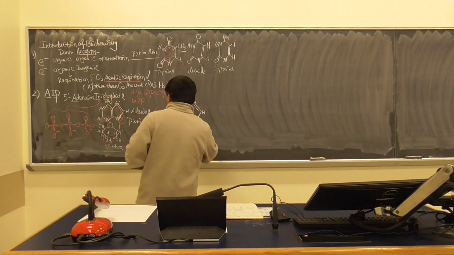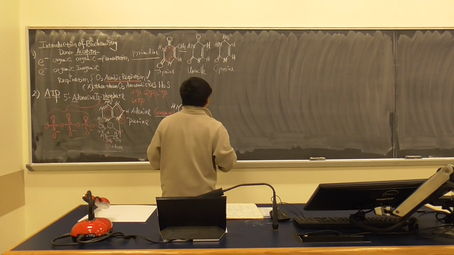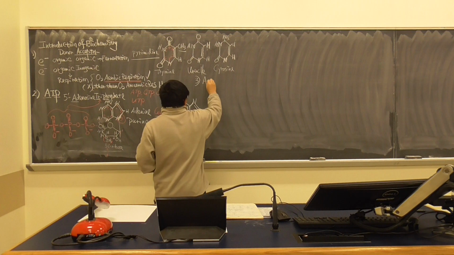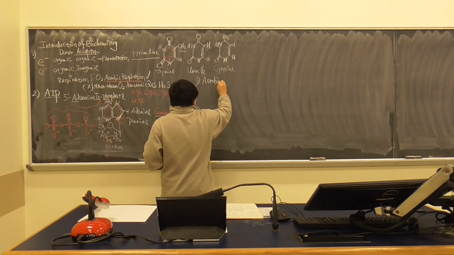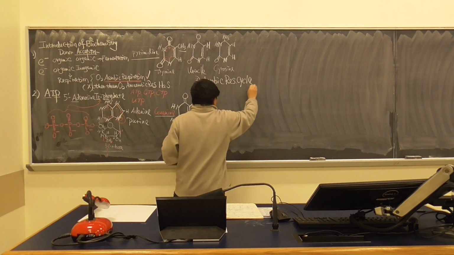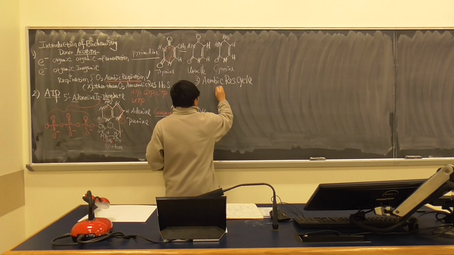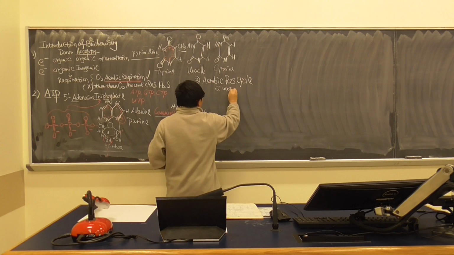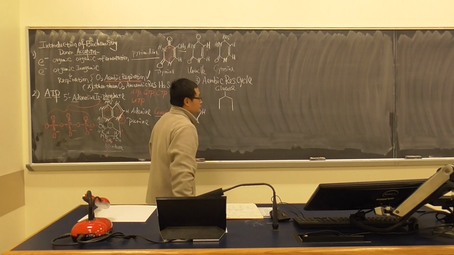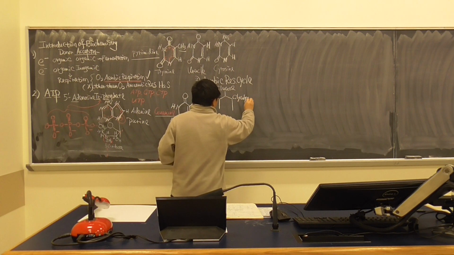So we briefly reviewed here, then we're going to talk about our aerobic respiration cycle. So let's go to 3. Aerobic respiration cycle. What we're going to talk about is we start from glucose, then we go through a process everybody knows, called glycolysis.